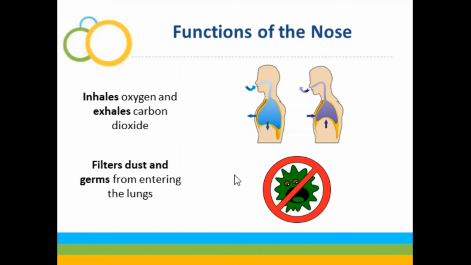Once the dust and the germs try to get inside the nose, most probably it will be filtered by some parts inside our nose so that the germs cannot get inside the body and cannot infect us.